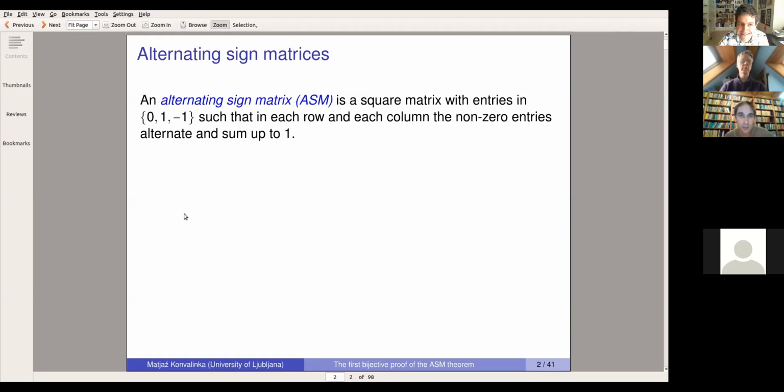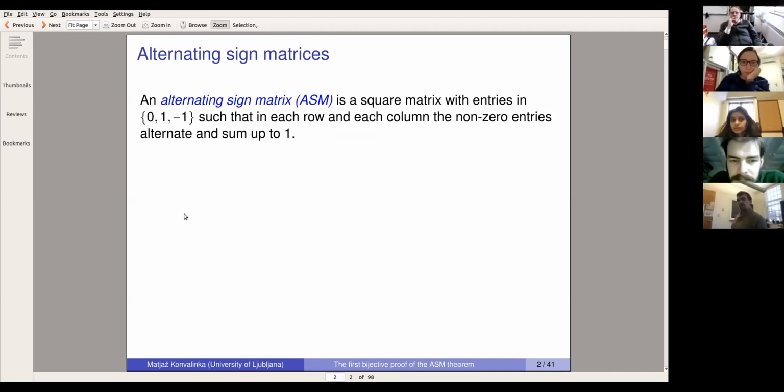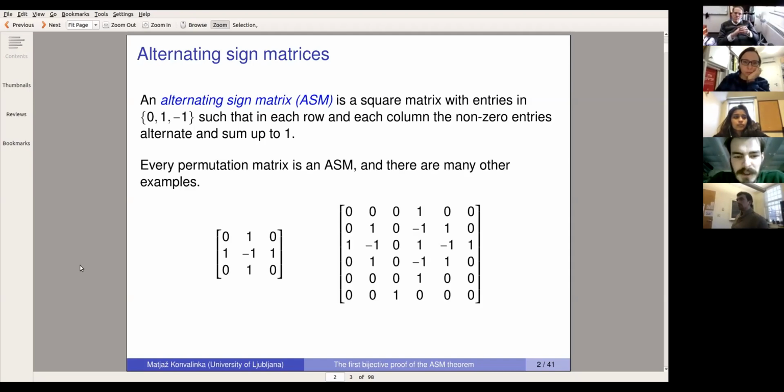So let me start with this definition. What is an alternating sign matrix? It's a square matrix with entries 0, 1, and -1, so that in each row and in each column, the non-zero entries alternate and they sum up to 1. An example of an ASM would be a permutation matrix, but obviously we also have many other examples.